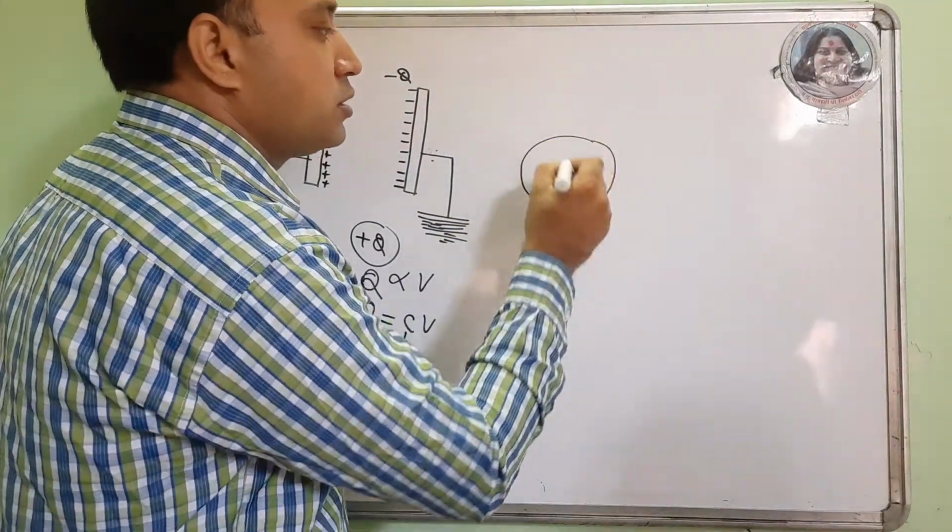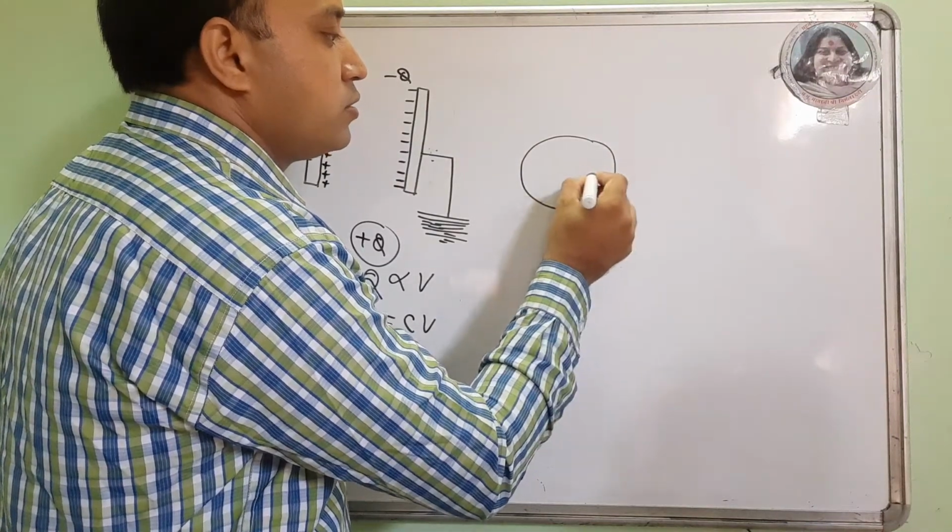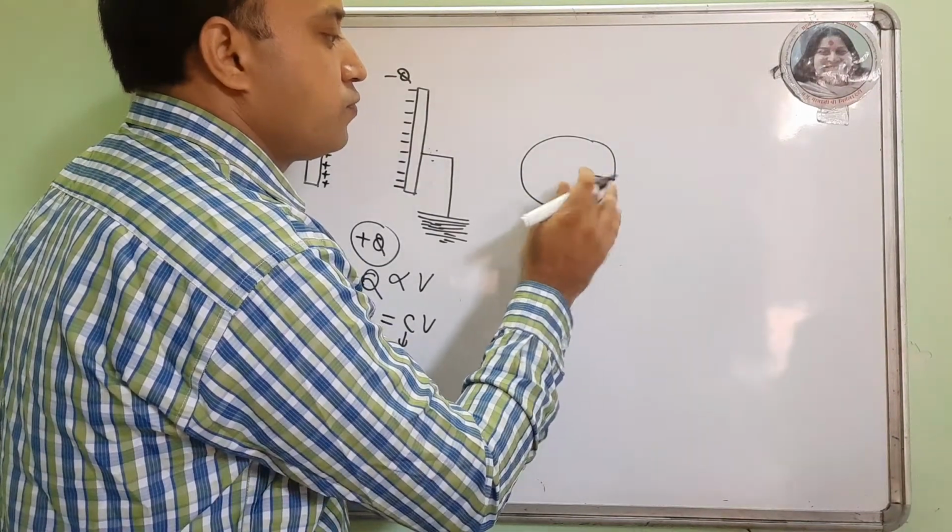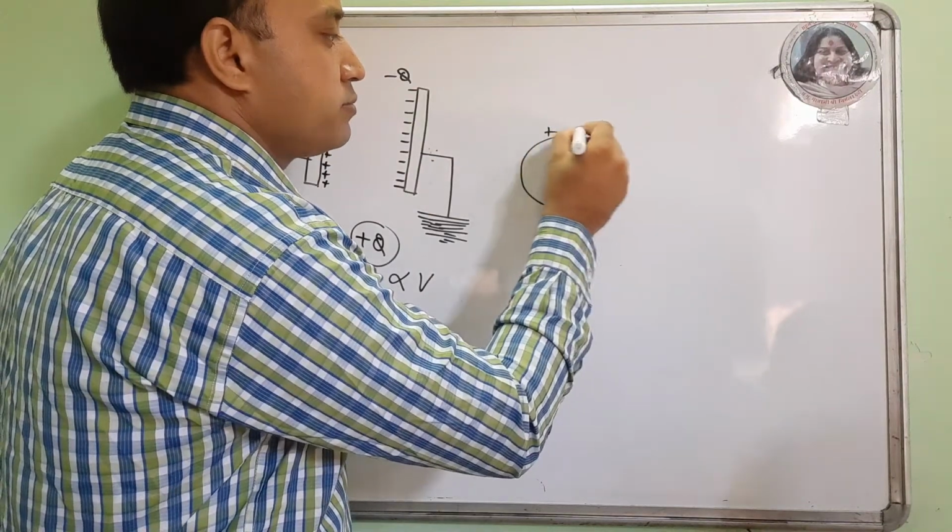Now, apart from this, we also have the spherical capacitor. Suppose this is the inner body of a conductor.